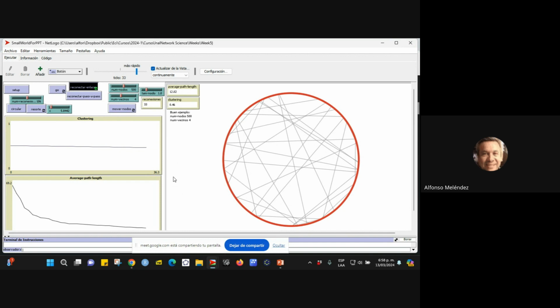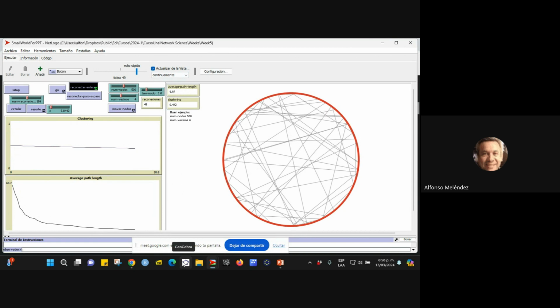Here it is very clear. I repeat, clustering is not affected when you put these kinds of edges, but the average path length is drastically reduced. So we preserve the high clustering, and we make this network have shorter paths.